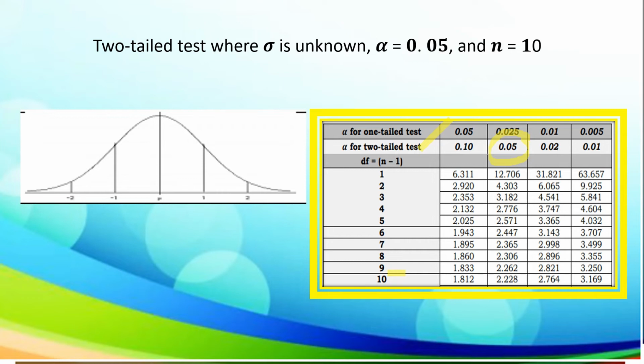Our degrees of freedom, coming from the sample of 10, is 10 minus 1, which is 9. We arrive at the critical value of 2.262. By illustrating that in our graph, we have the shaded areas on our left and right sides, which result in the rejection region.